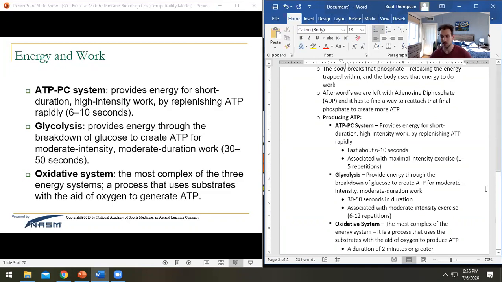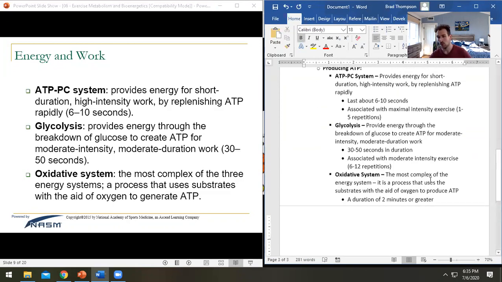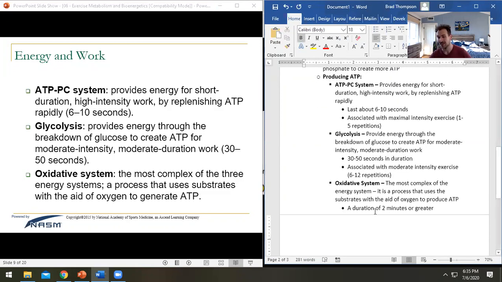And again, you might be saying, whoa, what happened to 51 seconds up to 119 seconds? What happened to all that time in between? Again, some people can stay in glycolysis longer. A blend does start to occur here. And this is associated with low intensity exercise, which is going to be 12 to 20 repetitions.